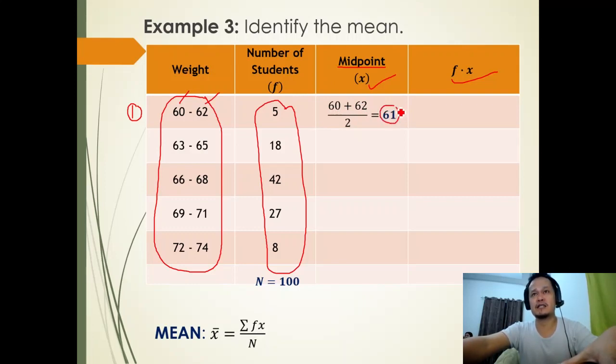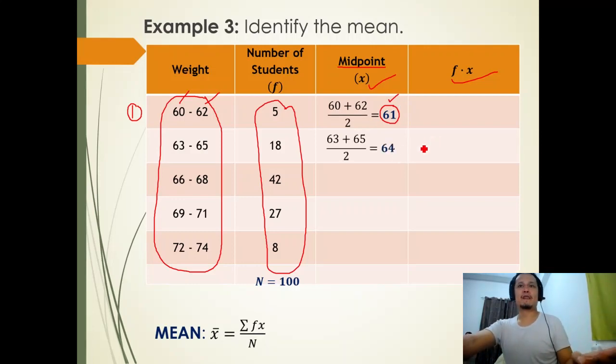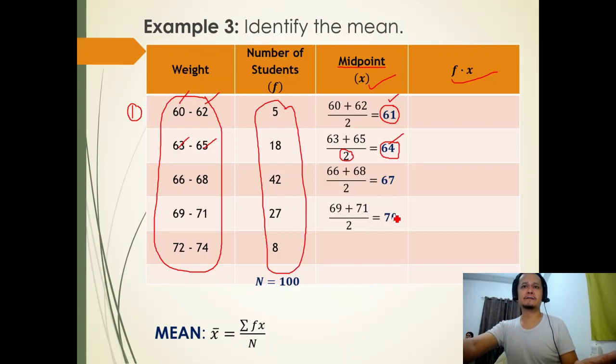So for the first class interval, your x is just 61. Similarly, for the second class interval, 63 plus 65 divided by 2, you get 64. For the third class interval, that's 67. For the fourth class interval, that's 70. And for the last class interval, 73.